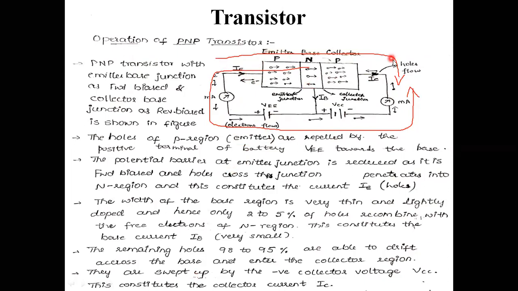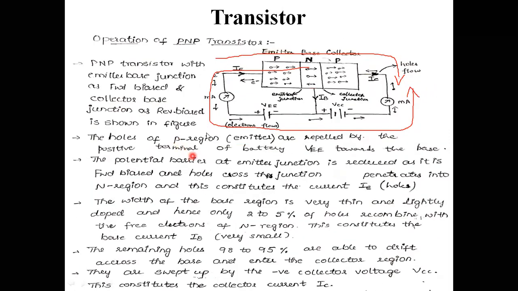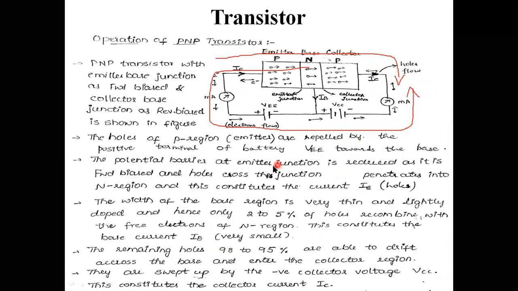Holes transmit in this direction, and the covalent bond near the emitter electrode is going to break down. Assume that some covalent bond is created.